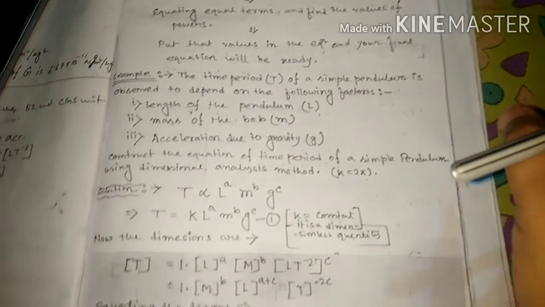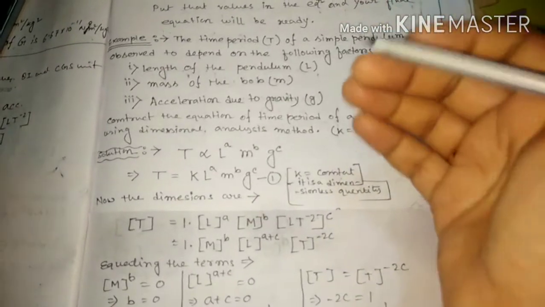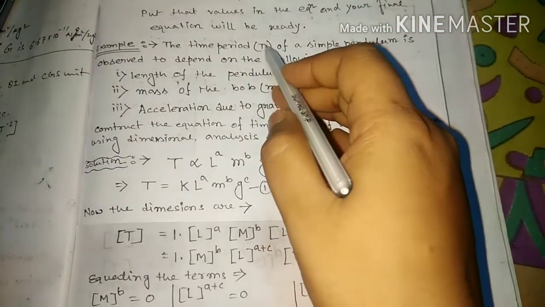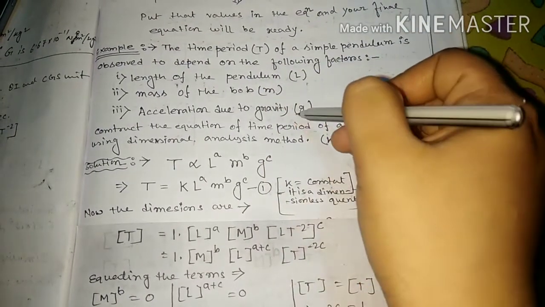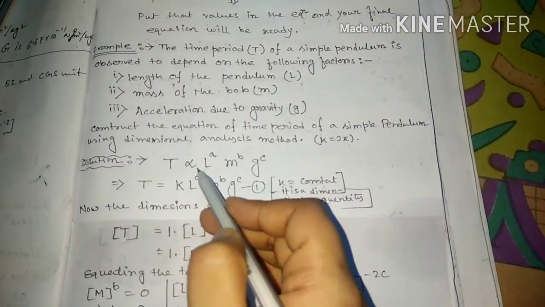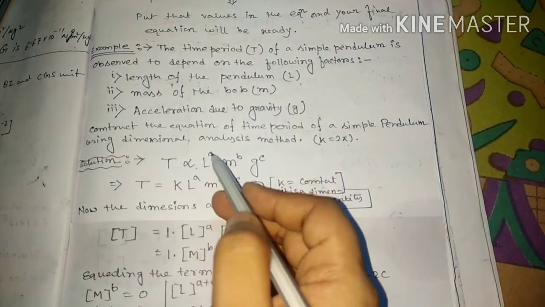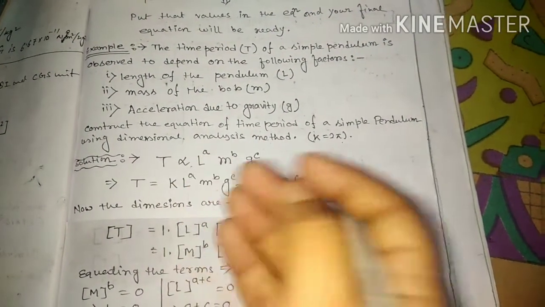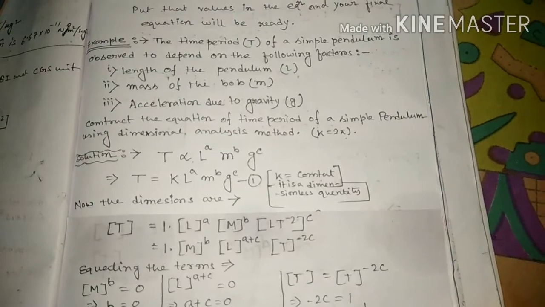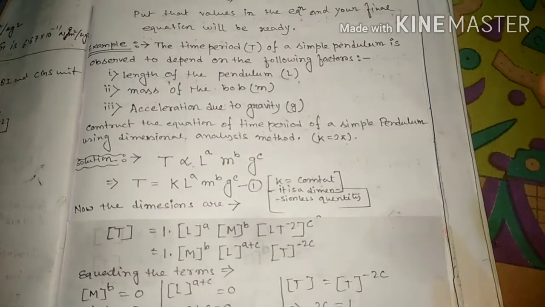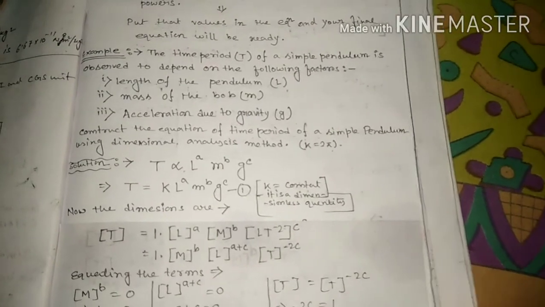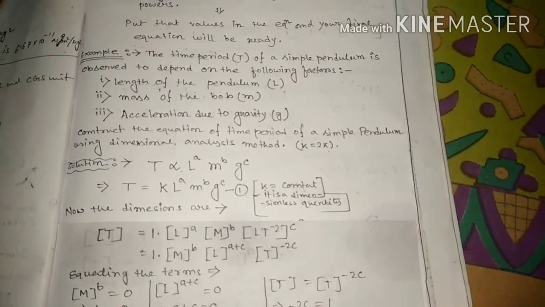So how do we construct the equation? First step, what formula do we have? T depends on L, M and g. So T is directly proportional to L to the power a. We don't know the powers, because in dimensions we have to use some powers. Dimension means M, L and T, the dimensions of fundamental quantities, and these fundamental quantities are raised to some powers.